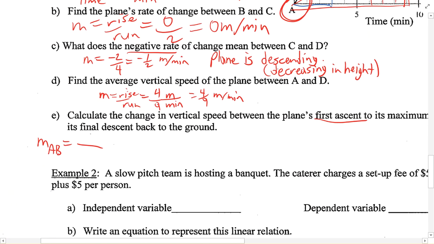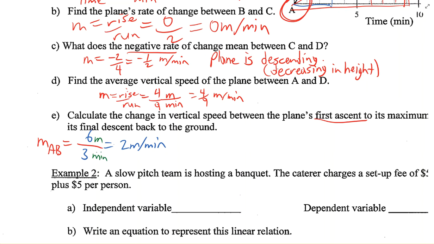So between A and B would be 6 over what? 3. So that would be 2 meters per minute. Okay. So don't forget your units as well. So then that's how fast it's going up. Because remember, planes on takeoff, they climb really fast, right?